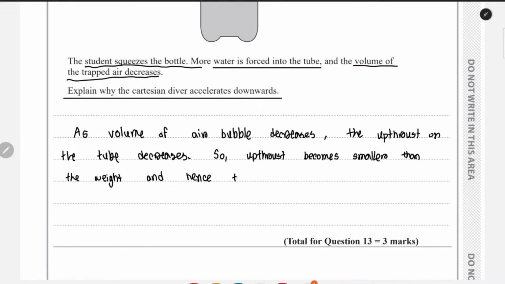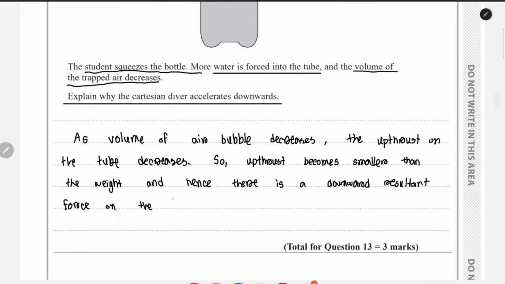And hence there is a resultant downward force, causing it to accelerate downwards.